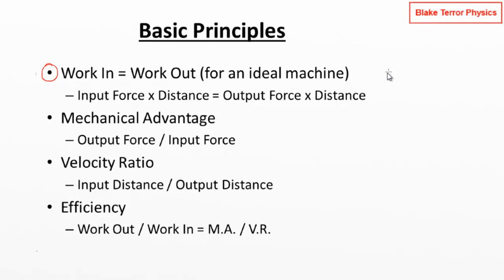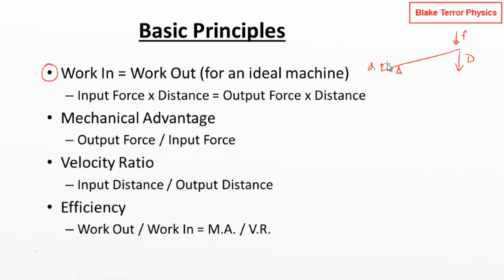So if we've got our, let's go back to the lever example very briefly here, because we're familiar with levers. If we've applied a smaller force at one end of the lever, but we're applying that through a large distance, so we've got a little force, small f, through a big distance, capital D, and we're now moving the other end through a much smaller distance, little d, so we get a much bigger force for an ideal machine where we've got no losses going on.